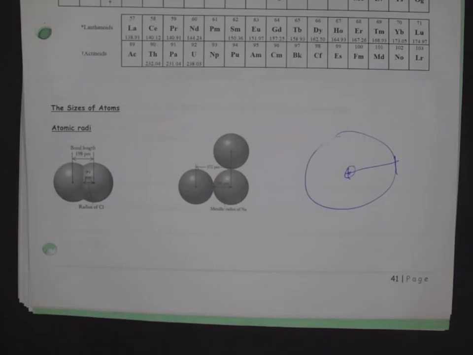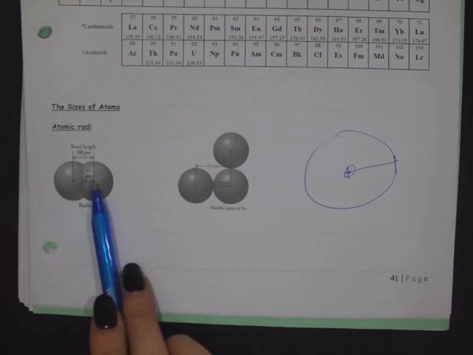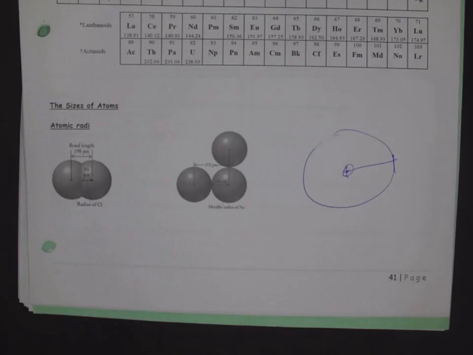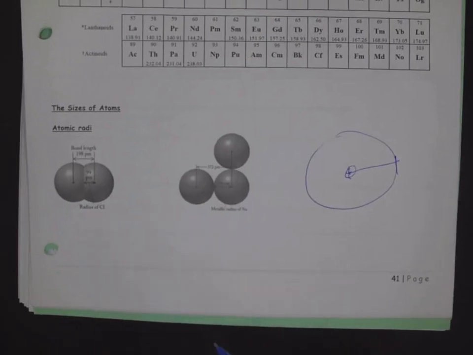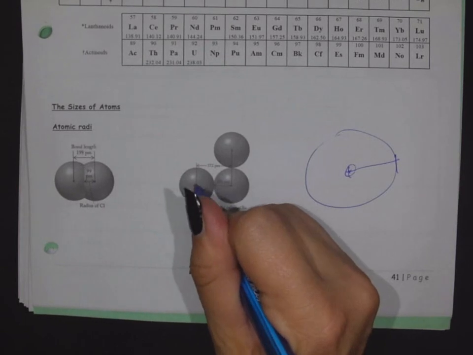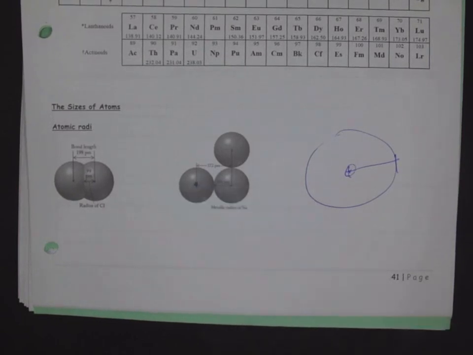Now, no, it's not perfect, and the idea still holds, but that's how chemists really measure atomic radius. They'll take 2 chlorine atoms, a bunch of the same type of atoms, and put them right next to each other. And then they look at the nucleus, which is way easier to see than some tiny electron whizzing around.